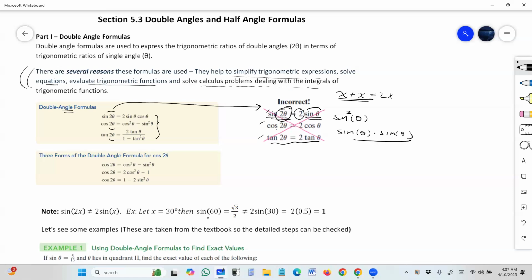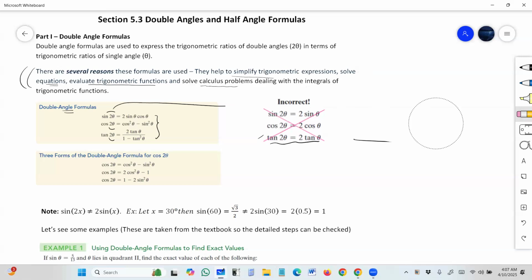So this is the function squared, and this is not the same as sine of theta squared, which is the angle squared. Don't confuse those two things. It's very common, and this comes from the book itself because it's such a common mistake that students make.